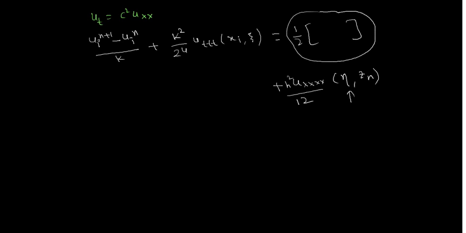This zeta lies between xi minus 1 and xi plus 1. So the truncation error will have c square multiplied with this.